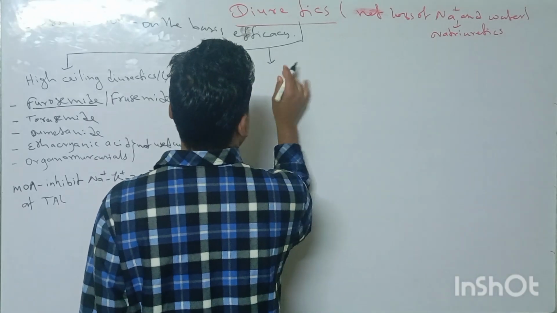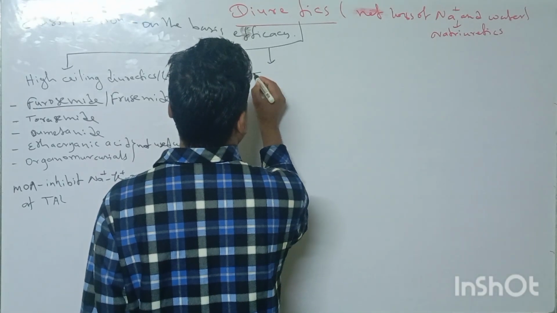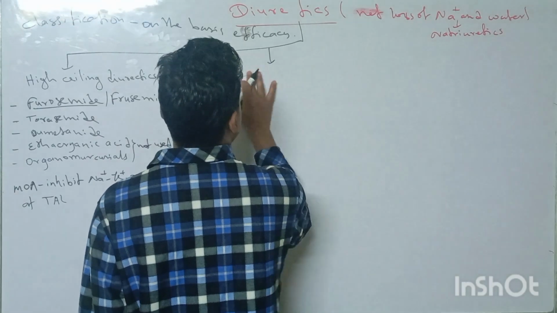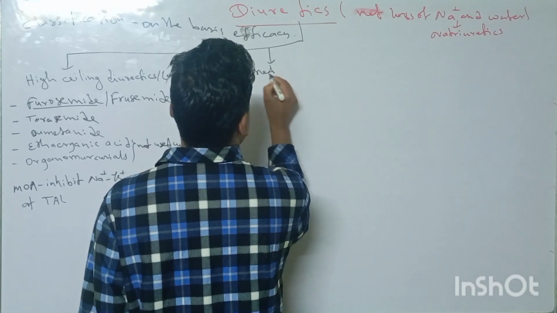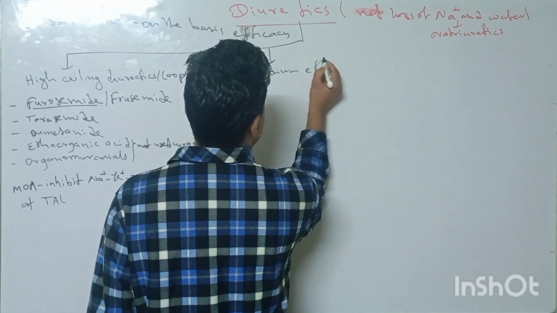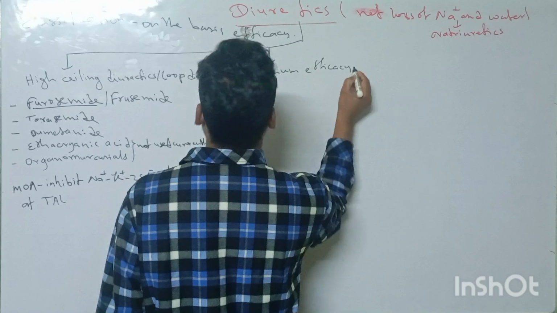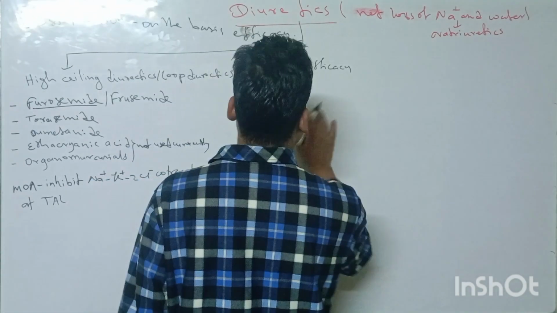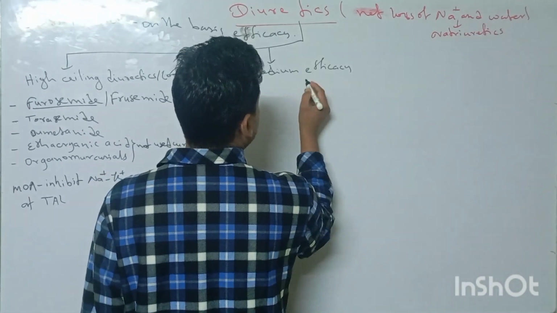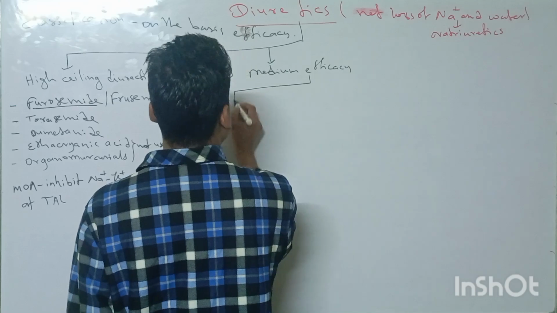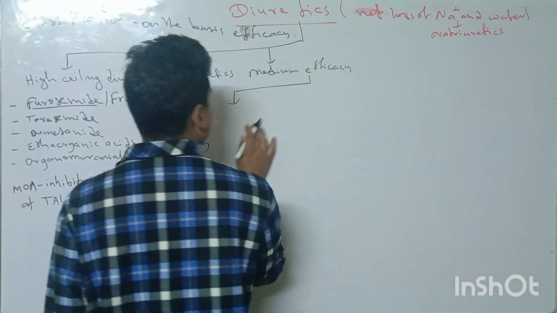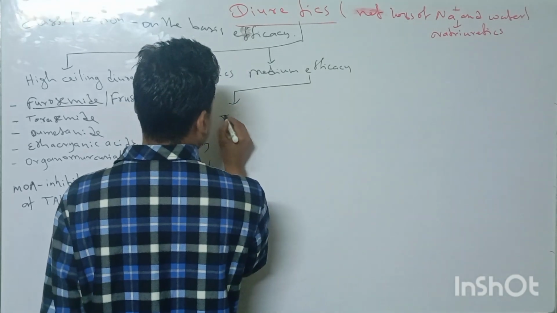And next will be thiazides or medium efficacy diuretics. Here again there will be two types. One will be thiazides.